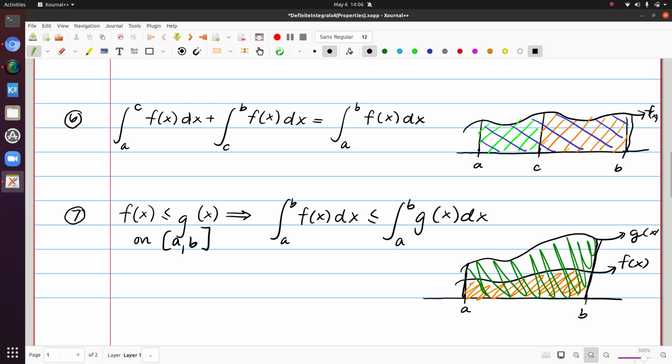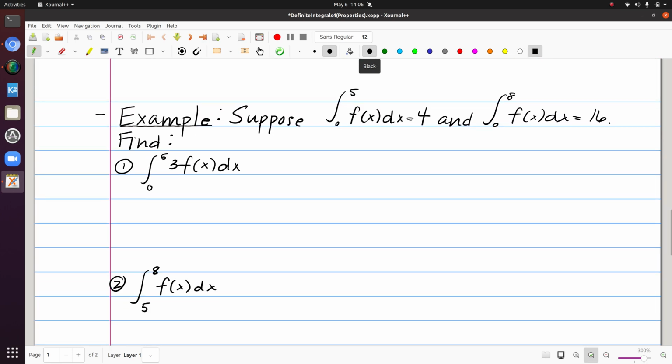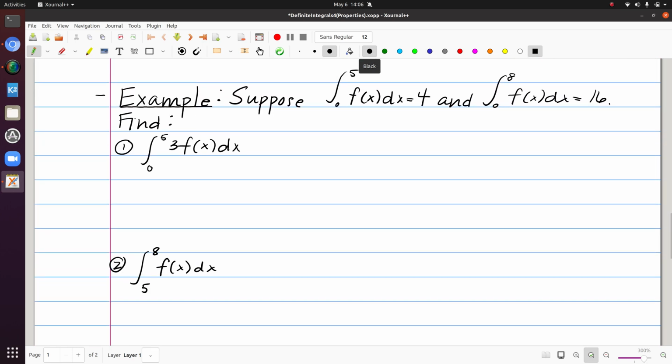So these are going to be useful properties for lots of situations, but we can also use them more immediately to help us concretely evaluate certain examples. So if I have an example here where I don't know what f of x is, but I know the integral of f over the interval from 0 to 5 and from 0 to 8, let's use that to evaluate some related integrals. So for this first part here, we want to integrate 3 times f of x.